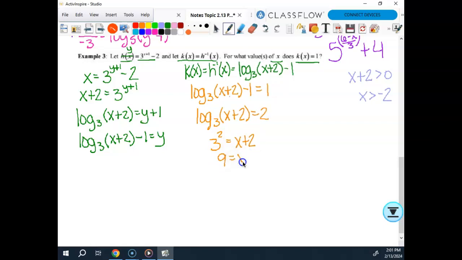So 9 equals x plus 2. And x equals 7. So does that fall in my domain? Yes. So then I can say k of x equals 1 when x equals 7.